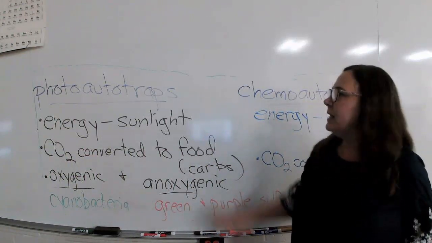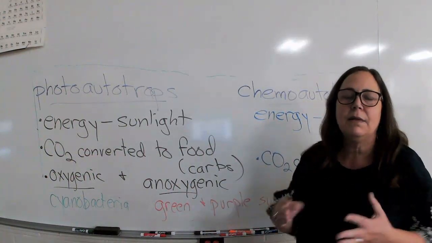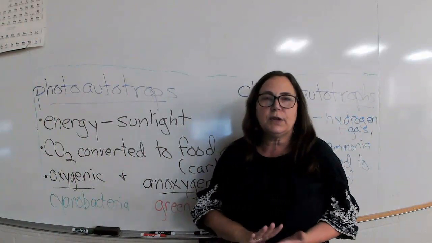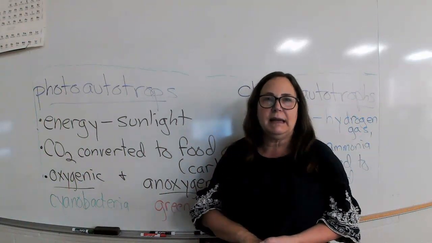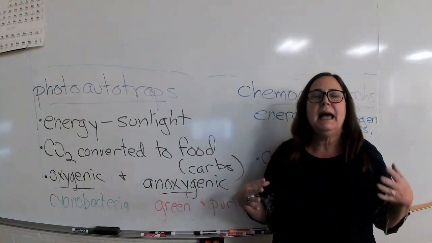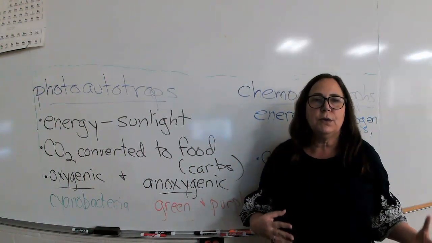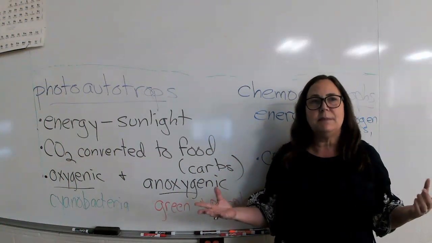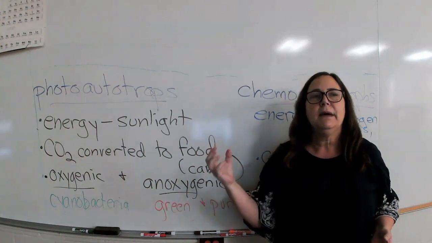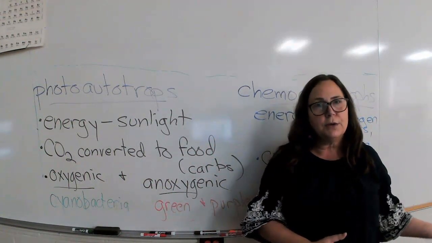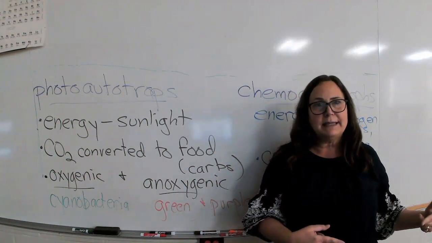So let's start by talking about the different groups. There's really like 4 different groups that you can put the bacteria in based on how they obtain energy and how they obtain food. I know you know that there are photosynthetic organisms that obtain energy from sunlight, and they make their own food by converting carbon dioxide into glucose or other carbohydrates.